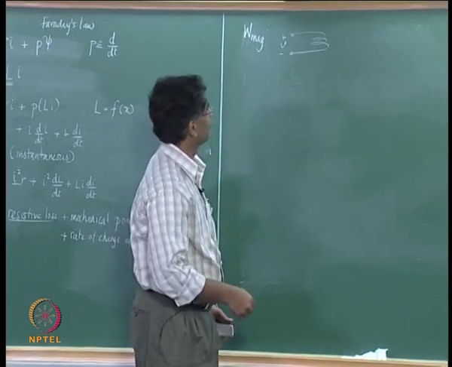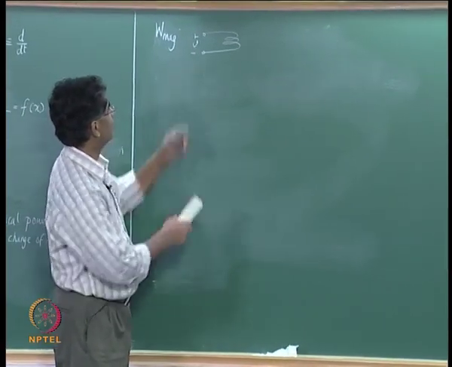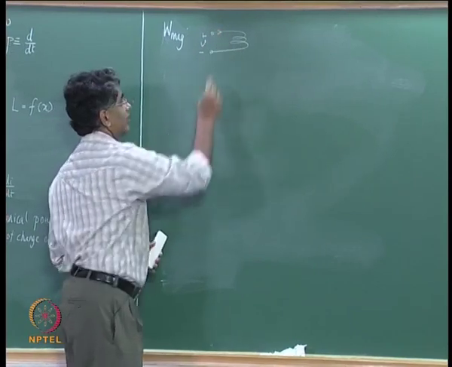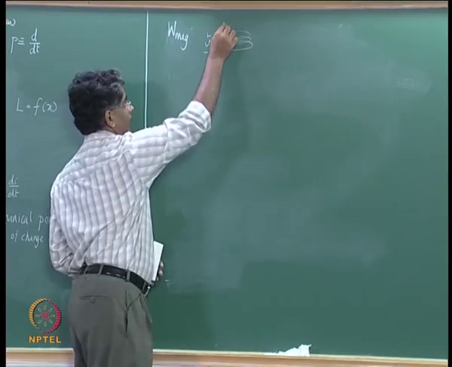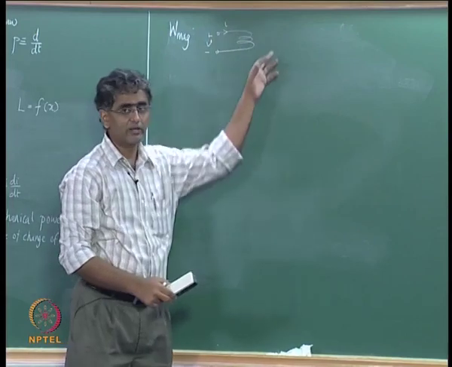In response to this voltage V there should be some current I that is flowing, which will then set up a magnetic field.